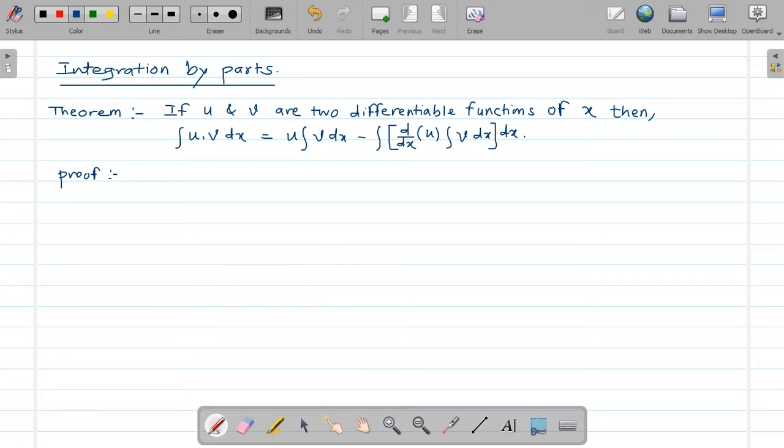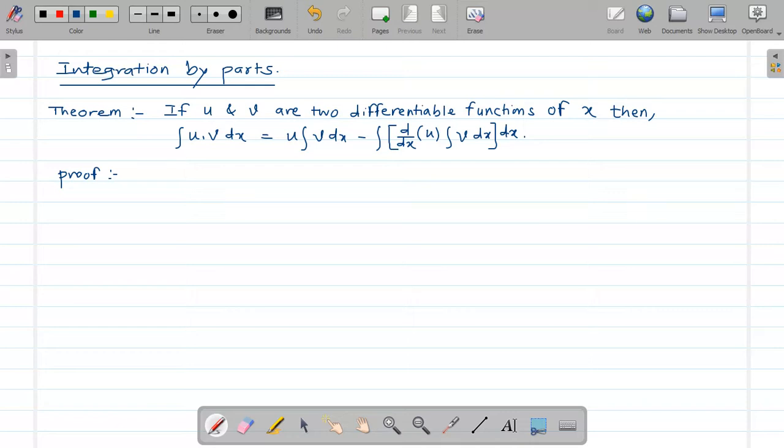So u as it is into the integration of v dx, minus the integration of, in brackets, d by dx of u into the integration of v dx. We have to follow this rule for the integration of a function given as a product of two different functions.